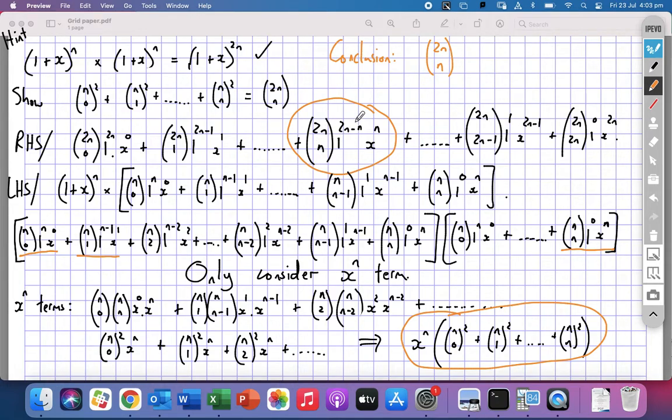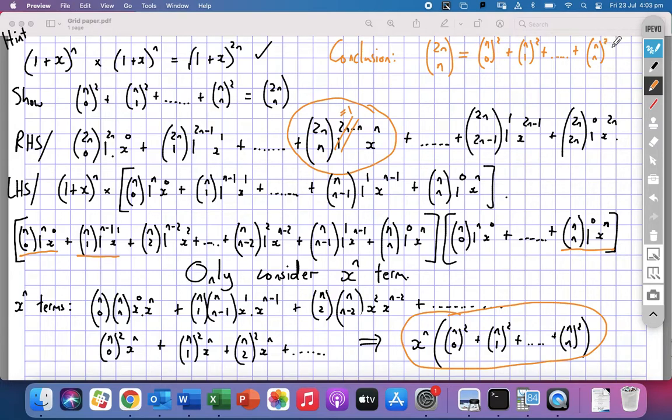This is just a power of 1, don't care about that, it equals 1. This is x to the n. I'm just interested in the coefficient at the moment. That has to be the same as what's giving the coefficient here, which is n choose 0 squared plus n choose 1 squared.